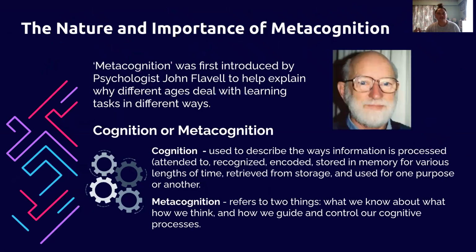And so this phrase metacognition was first introduced by a psychologist named John Flavell, and he used it to help explain why different ages dealt with learning tasks in different ways. So he had a study in which he gave students of different ages a specific task.